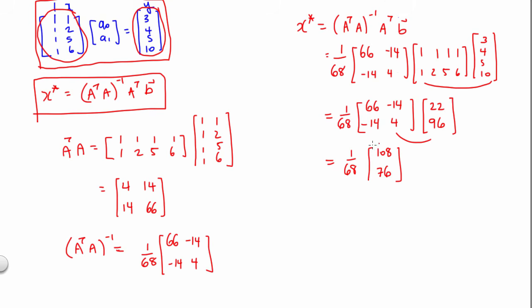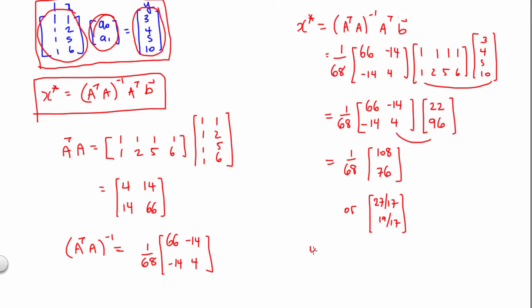Now if we look at our coefficients here, 108, 76, as well as 68, those are all divisible by 4. So we may want to actually simplify these fractions a little bit. Instead of writing 108 over 68, we might want to write 27 over 17 and 19 over 17 for the second coefficient. Okay, now going back to our original system, remember these represented the values of a0 and a1.